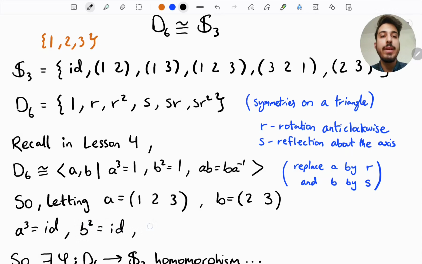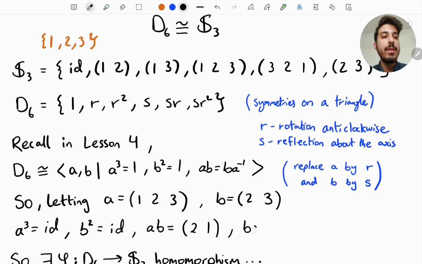And lastly, we have that AB is equal to what? If we compose these cycles together, we find that 2 is sent to 3, which is sent back to 1. So 2 is sent to 1. And 1 is sent to 2, so that's done. And 3 is sent to 2, and 2 is sent to 3, so 3 is just sent back to itself. So this is 2, 1.